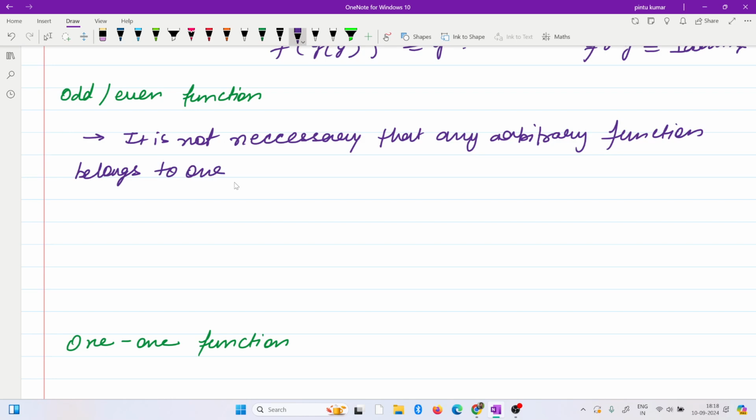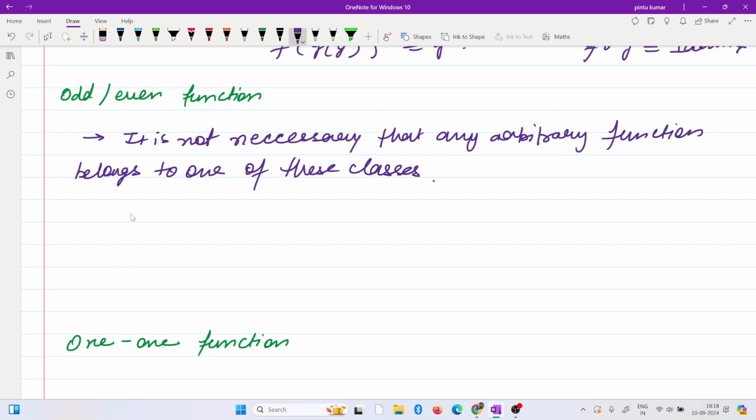So it is not necessary. A function can be not even and not odd. So it can be anything apart from odd and even. Odd and even functions are a very small subset of the set of all functions. So see these cases.